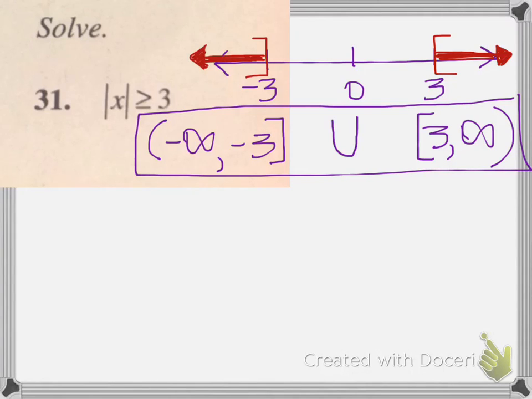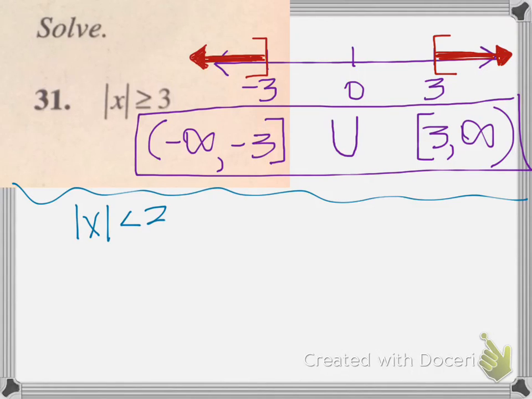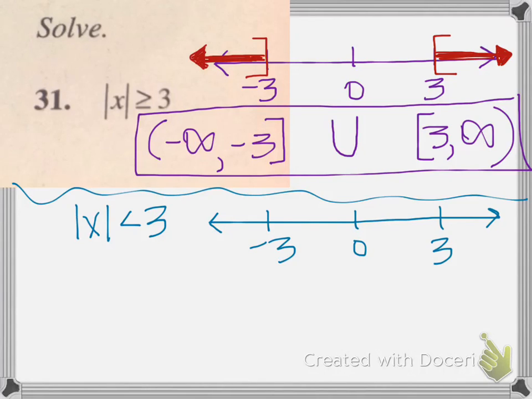Now, if the inequality had been absolute value of x less than 3, then that would be, on your number line, getting closer and closer to 0. Less than 3 means distance is less than 3, so definitely getting closer and closer. Because it doesn't have the equal to, I would have used a parenthesis.